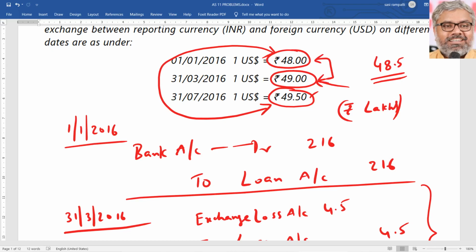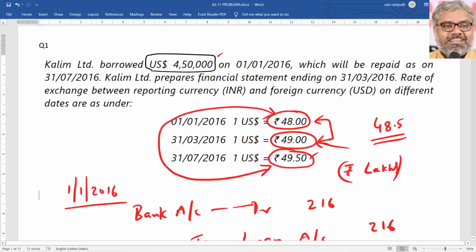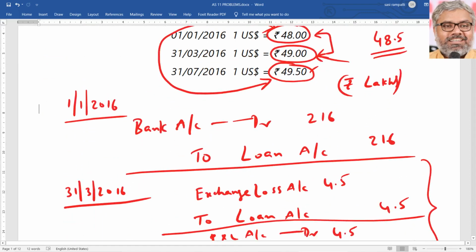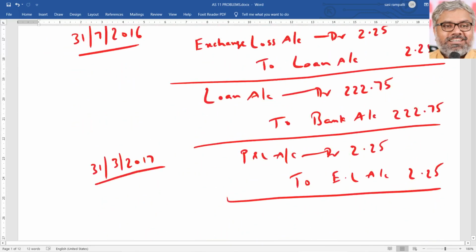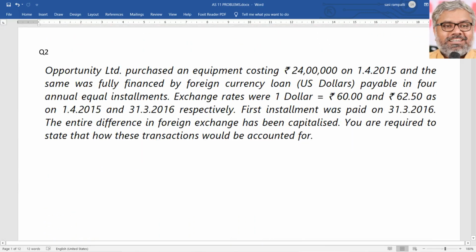That is what Accounting Standard 11 says, and we have to follow that. So when different rates are given in the question, we should understand the transaction very correctly, clearly, and whatever the requirement of the question is, we have to fulfill that by referring to the particular provision in the accounting standard. That is one of the examples or practice questions we can say from this standard.